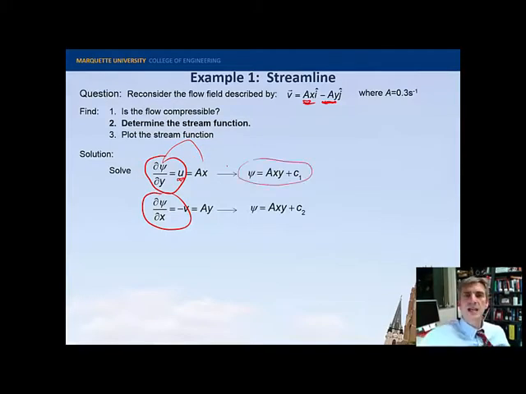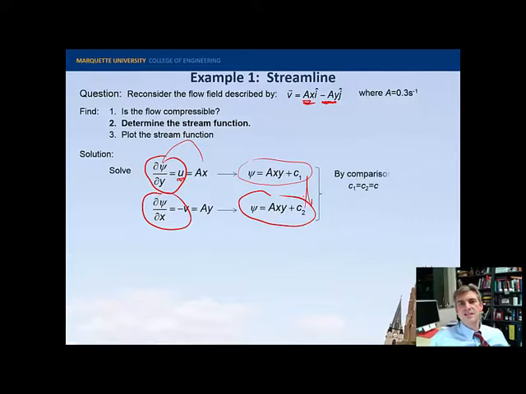It gives me psi equals axy plus some constant c1, a constant of integration, and then likewise I get down here that psi is equal to ax plus c2, some other constant of integration. By comparing these two, I can see that the constant has to be the same. C1 has to be equal to C2 for those two expressions to be the same.